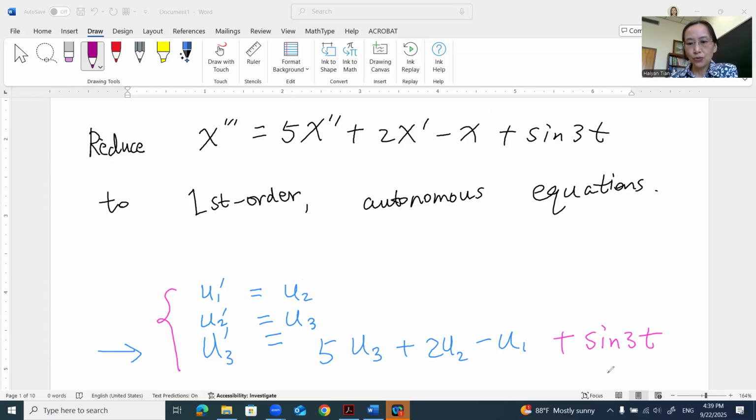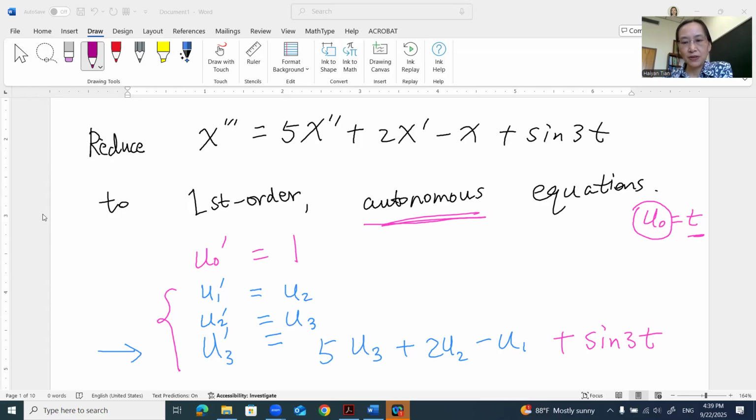However, if you want to introduce another equation to make it autonomous, it is possible. We just want to give another U, let's call it U0, which is t. So the derivative of U0 with respect to the t variable is 1, because U0 is the function which is t.